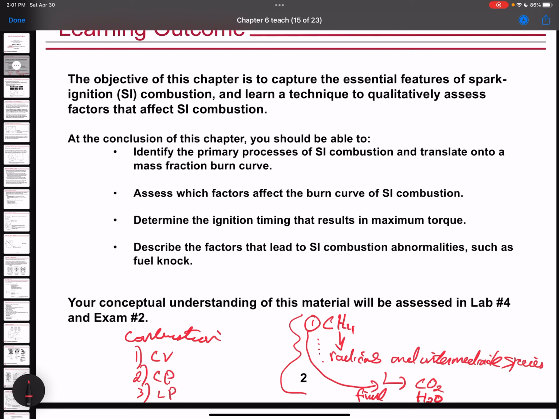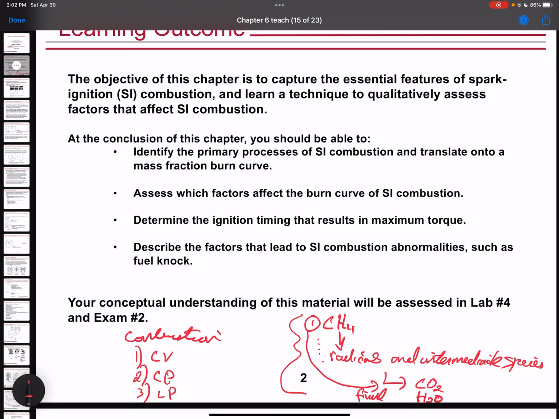The other item that I'd like to note is that this chapter will, of course, focus on spark ignition combustion. We do, in fact, have another chapter that I used to be able to cover in the class. I think I have added a lot of material in between since I first taught the class, and that is a chapter on compression ignition combustion.